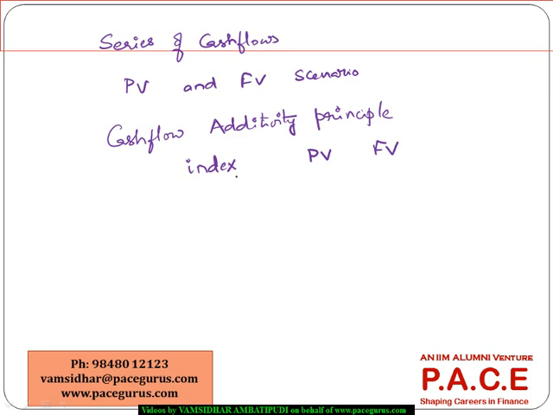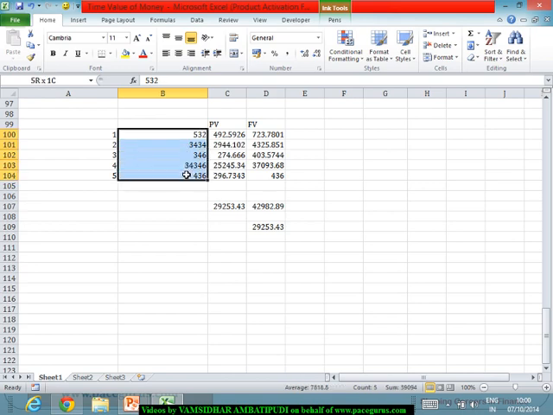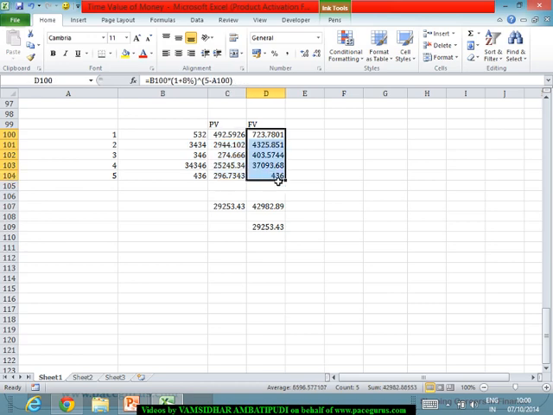Unless I index all the cash flows to the same point in time, I cannot add those cash flows. So in this case, I cannot add these amounts at all. The only way is either I convert them to the present value and add them, or convert them to the future value and add them, because they are all at the end of 5 years.